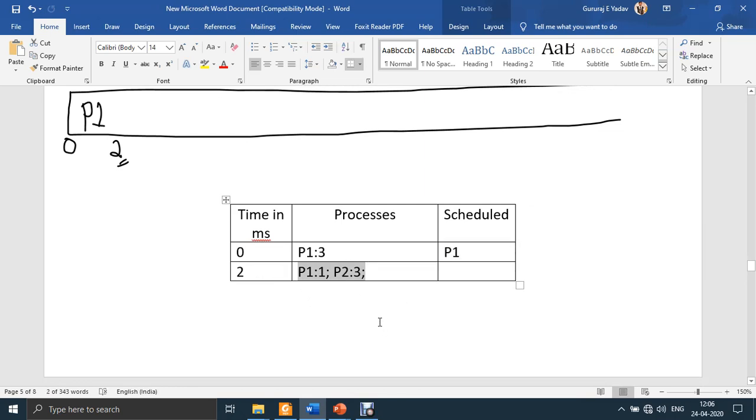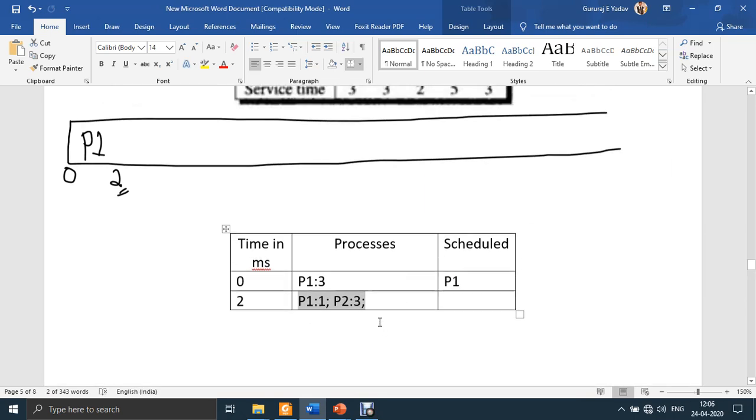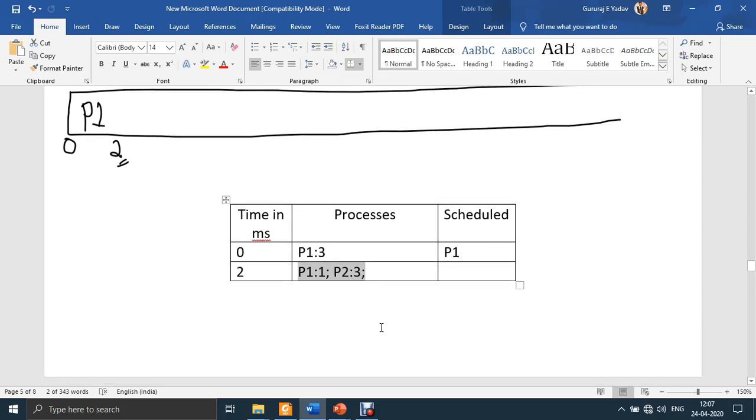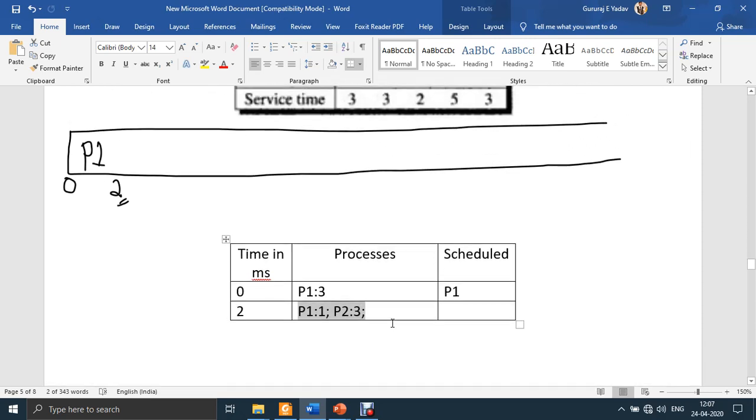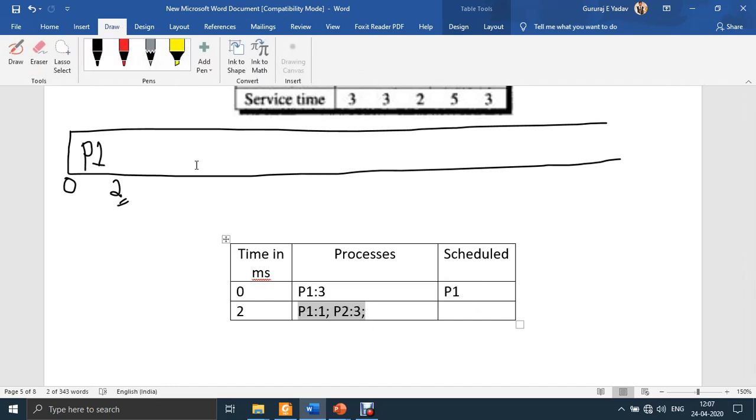Based on the algorithm, what is the deciding criteria? Shortest job first, or least completion time remaining. Out of these two, which has the least completion time remaining? P1, because it requires only 1 millisecond to complete, but P2 requires 3 milliseconds to complete.